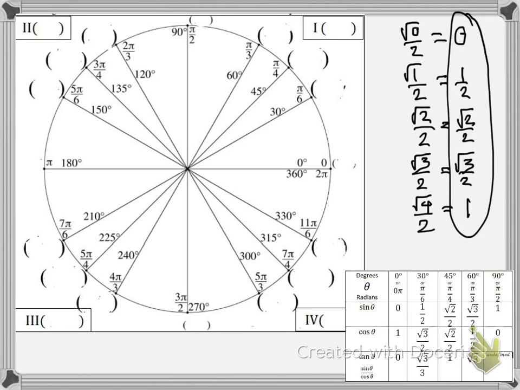Let's talk about what we know about any circle, or about anything on the XY axis. This is called a unit circle, which means that the radius is 1. So if I wanted to do this point out here, I would be doing 1 to the right and 0 up. If I wanted to go to the left, I'd be going 1 to the left and 0 up.